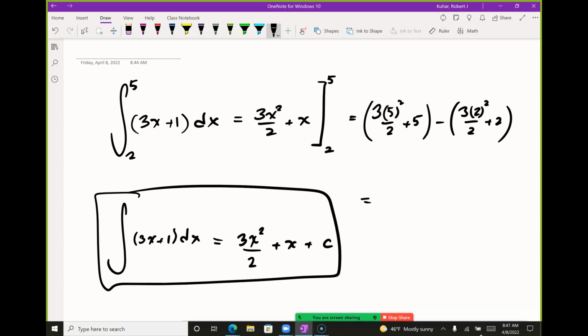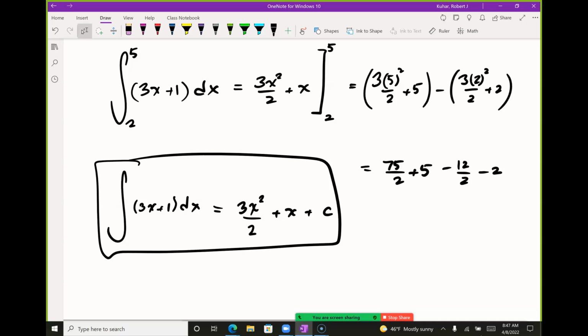So it looks like I have 75 over 2 plus 5 minus 12 over 2 minus 2. Double check me there. 25, 3 times 25 is 75, plus 5, yes. And then 4, 3 times 4 is 12, yes.